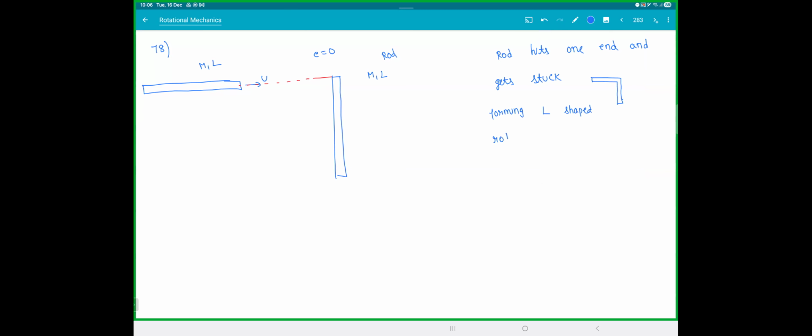Find omega of the system after collision. I could have kept a particle also, but I think you got the process now. So one rod is at rest. This rod comes and hits the end and gets stuck. That becomes an L shape. Find the omega of the system.